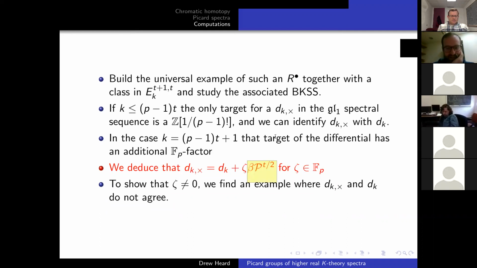Okay, this cohomology operation is what generates this F_p factor. We also have to show that it's not clear immediately that this zeta should just not be 0, but to show that it's non-zero, you just need to find a single example where the two differentials in the additive and the GL1 spectral sequence don't agree. And we do that, and then hence we know that this must be non-zero.